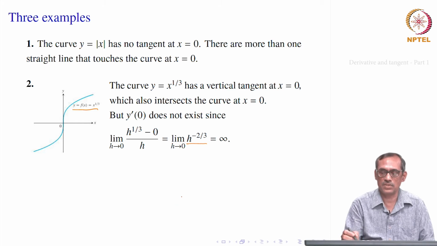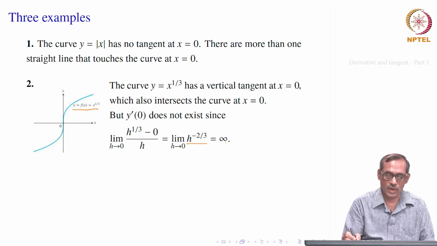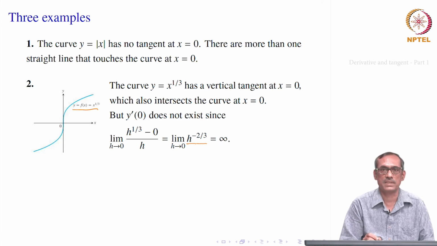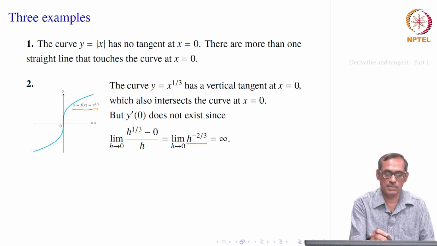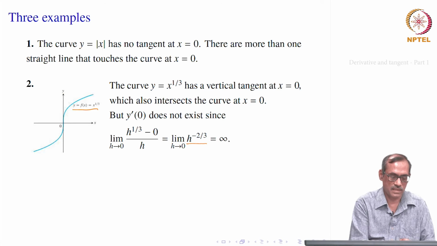In fact, it is equal to infinity, it blows up when h is 0 plus, and for 0 minus also it is squared, so that would give infinity again. Once it is infinity, the slope is infinity, it says that there is a vertical tangent, but it does not give us the tangent because it is not differentiable. Intuitively it says that there is a vertical tangent because its limit is infinity.